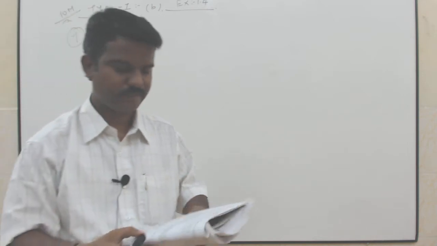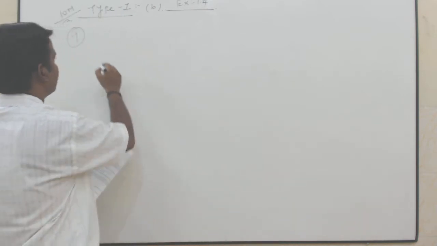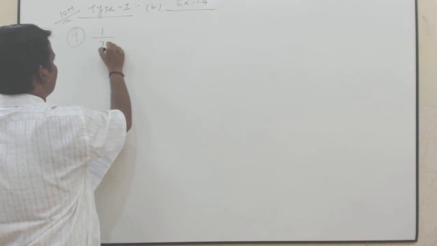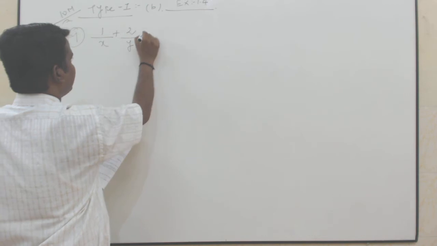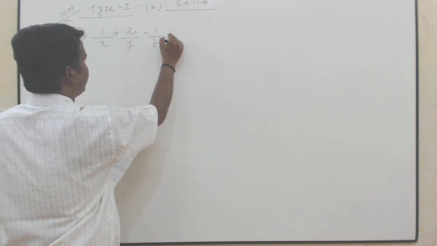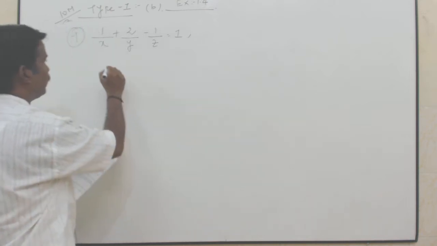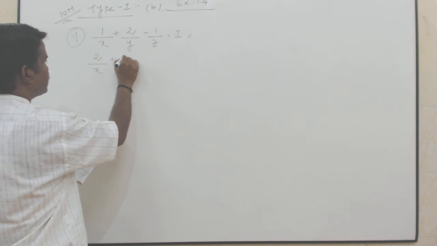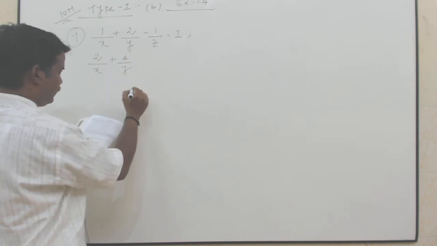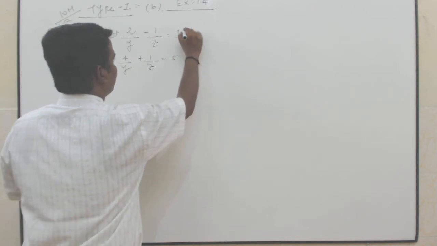Solve 1 by x plus 2 by y minus 1 by z is equal to 1. And what is the second equation? 2 by x plus 4 by y plus 1 by z, it is equal to 5.